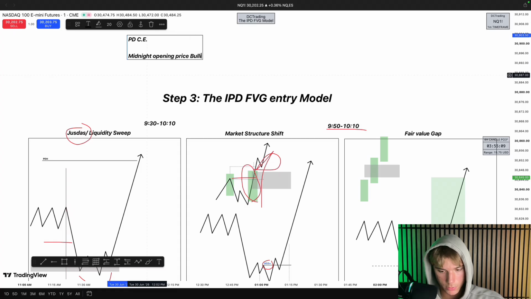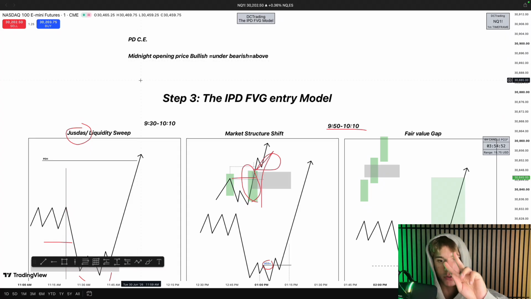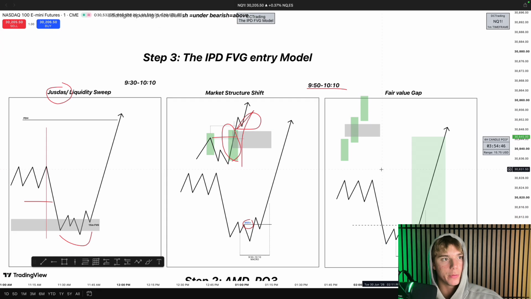Bullish equal under, bearish equal above, right? So those are two. And that's going to be of where we want the actual profile to set up.